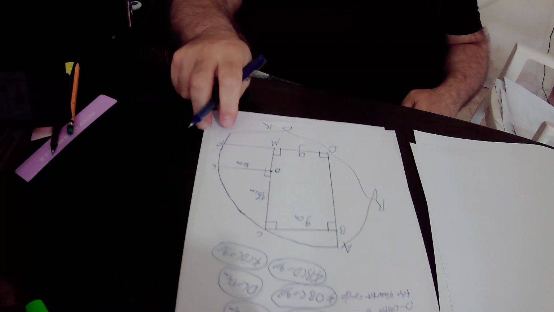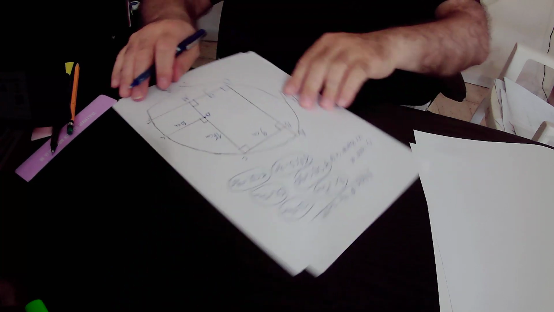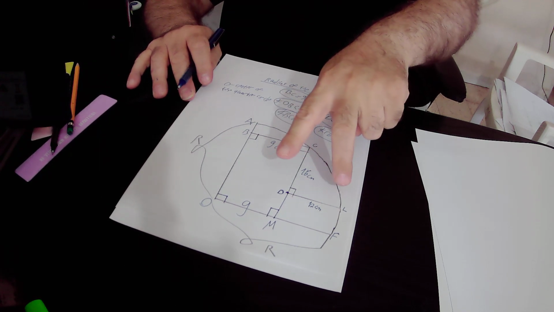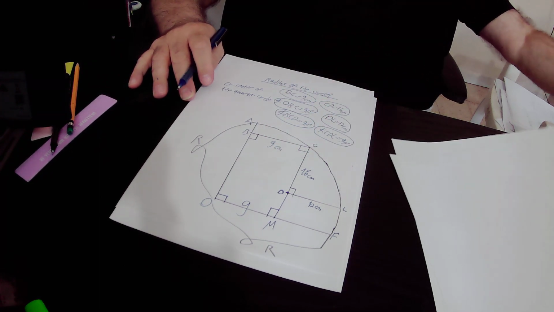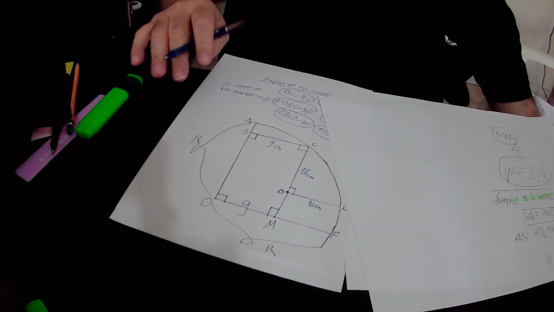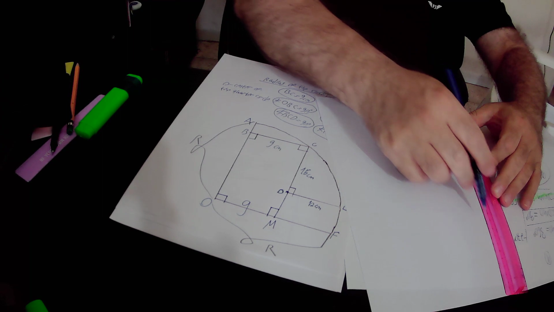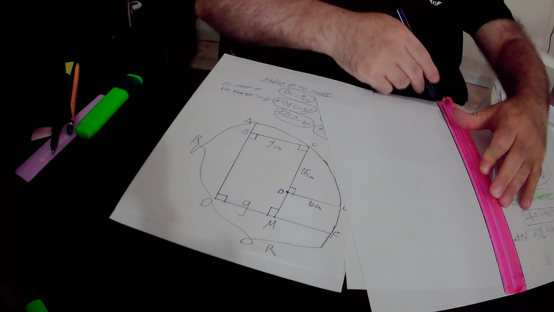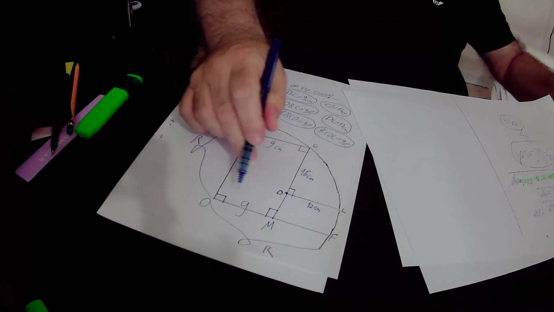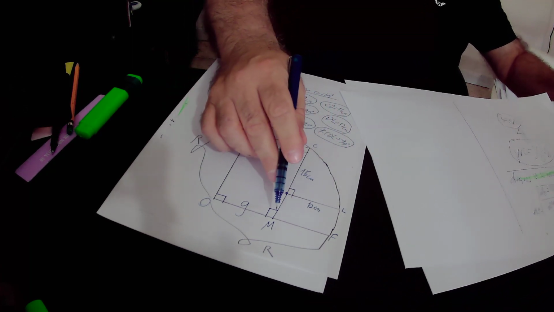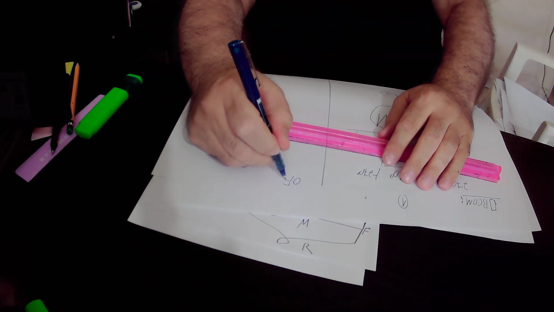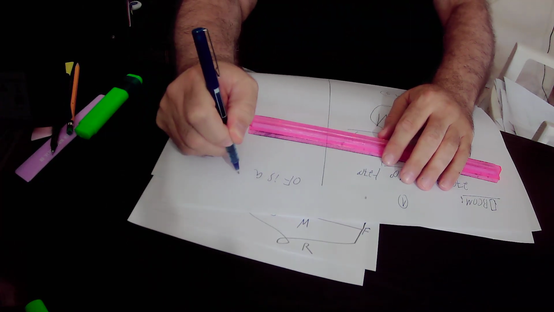As I've already mentioned, side OF is the radius of the quarter circle, the radius that we are looking for. So OF is the radius of the quarter circle, and it is absolutely a straight line. Write down that this side OF, defined as the radius of the quarter circle, is therefore a straight line.